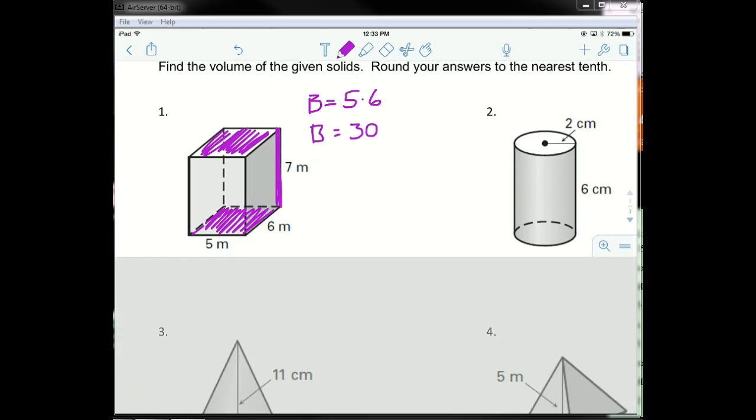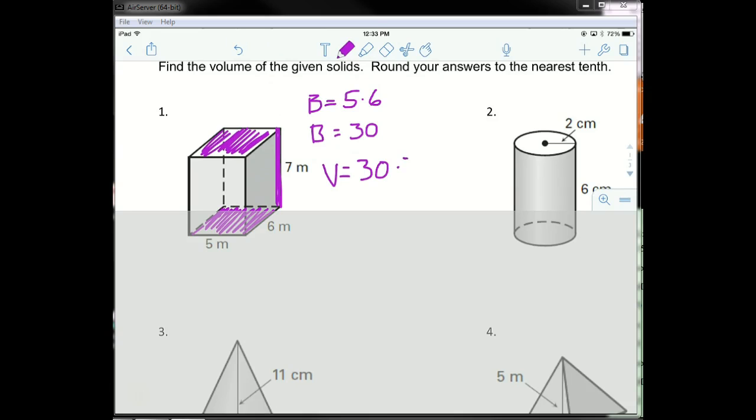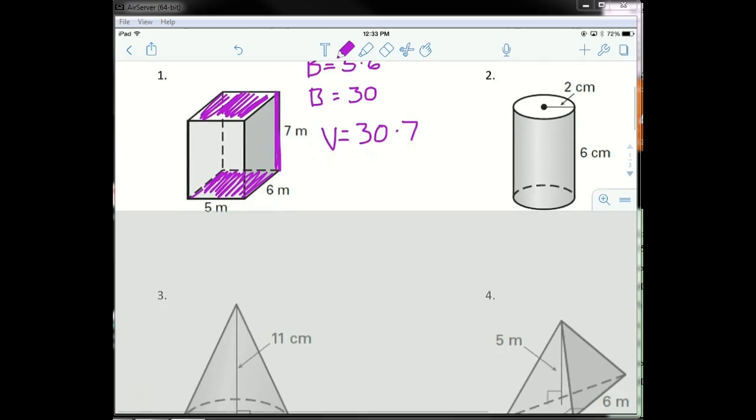So I will take a volume equal to big B times 7 for a total volume of 210 cubic meters.